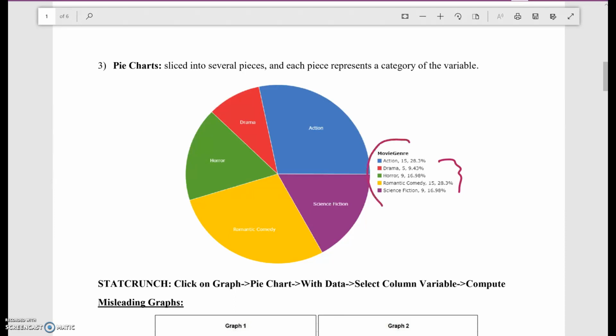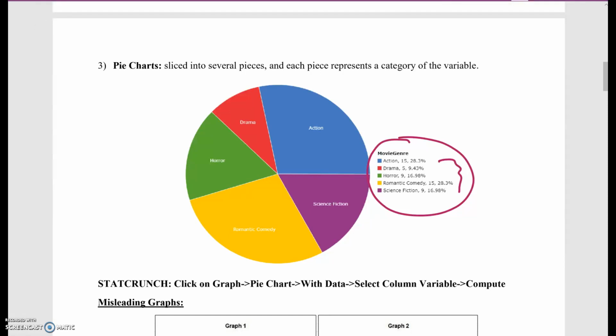Now this thing is what we call a legend. It tells you the color of each individual item, the frequency, and also the percentages of each of them. So that's something that you can also take a look at. Pie charts can be really misleading though, so just be very aware of that. Just be very careful. Okay, so those are the three different types for categorical variables.